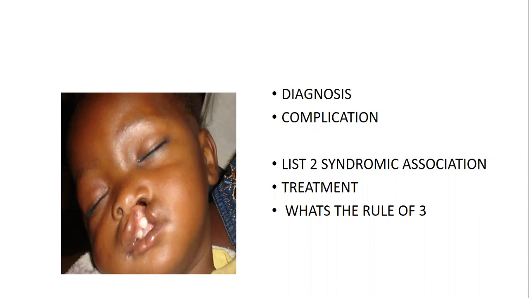So what is the rule of 3 in management of this condition? Can someone answer the question? I think correctional surgery and maybe, I don't know, maybe antibiotics. Okay. Because of the gap.